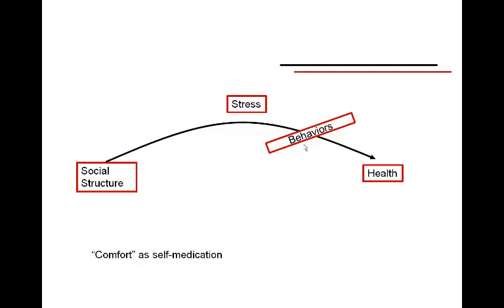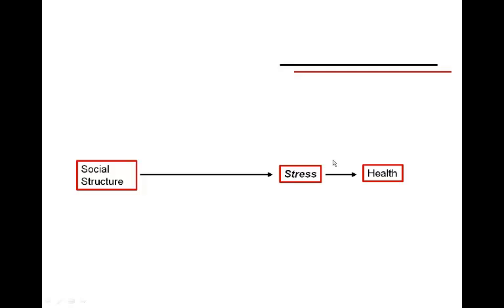For example, coping responses to stress can also be part of this pathway that may manifest through things like health behaviors, comfort eating, engaging in behaviors that are a form of self-medication to respond to stressful exposures. So again, to refer to this as a completely direct, unmediated pathway is a little bit incomplete or a misnomer, because there are several mechanisms that are operative here through this pathway as well.